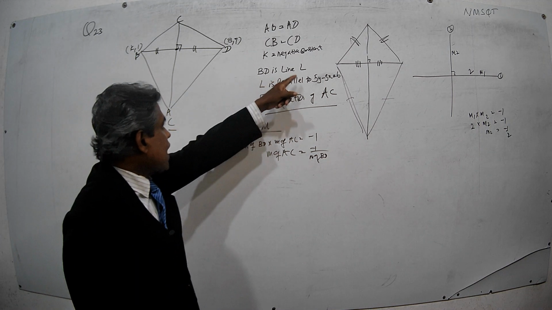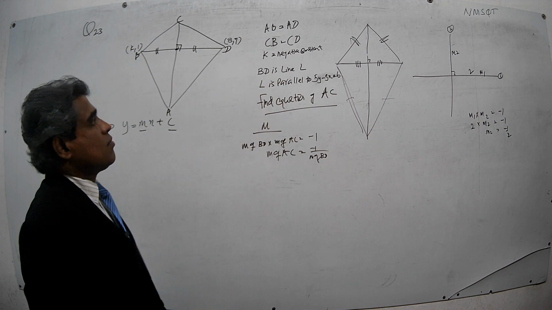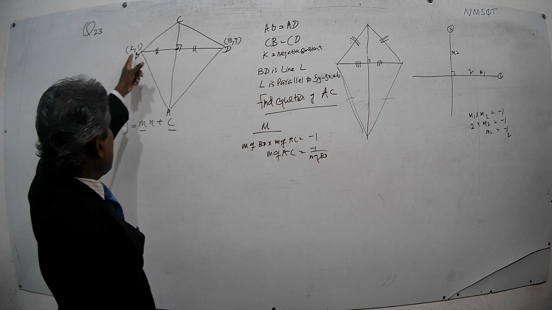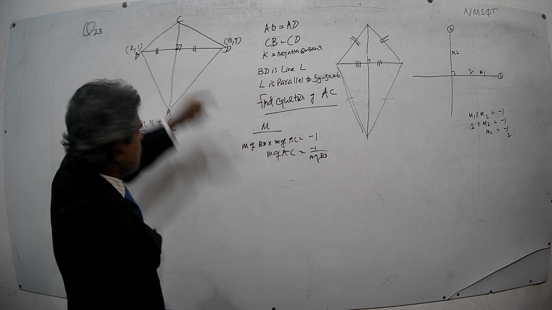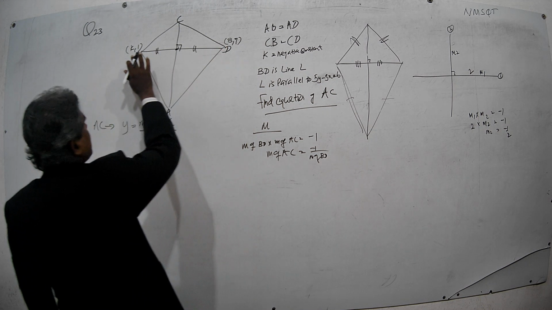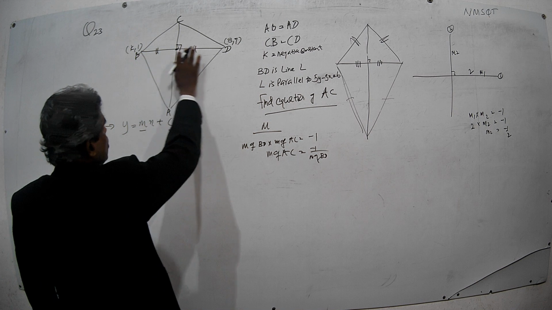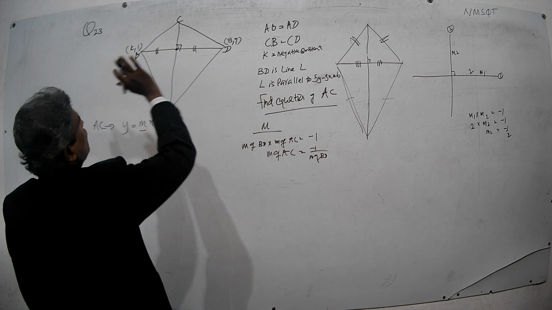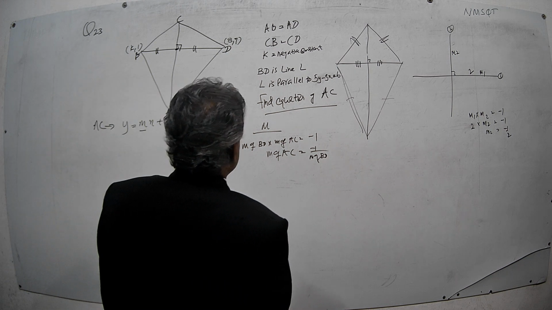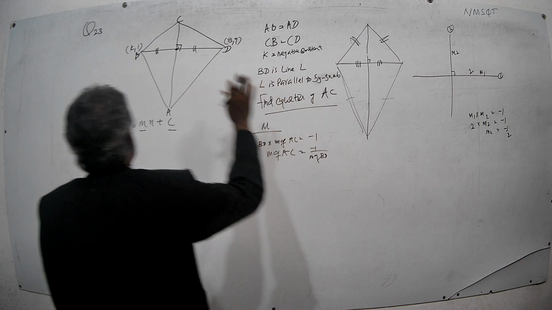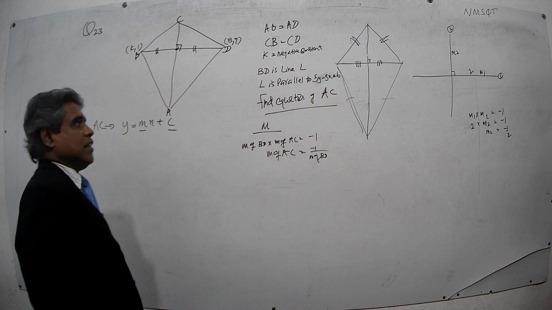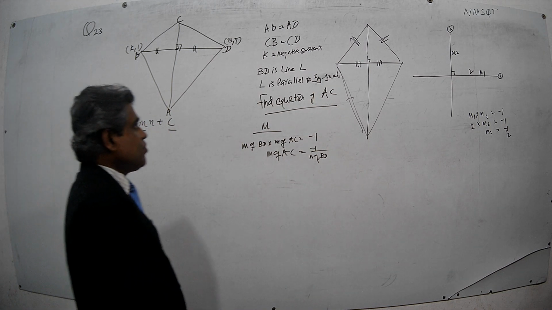They say BD is line L. They say a straight line passes through points B and D. That means this is the only line passing through B and D. So the straight line L said by them is nothing but this line BD. That's why I put here BD is line L, according to what they say in the question. Right.